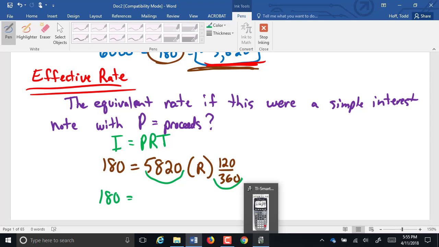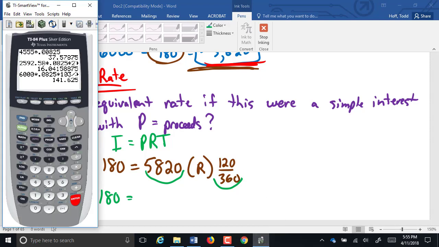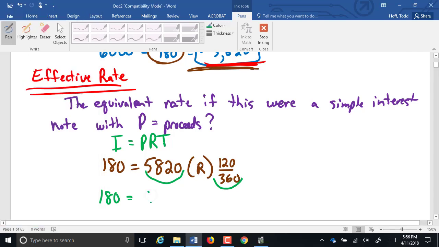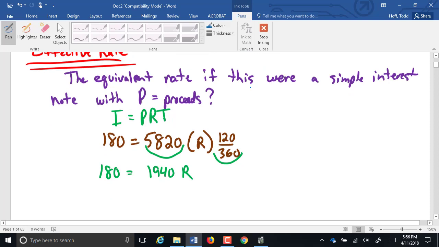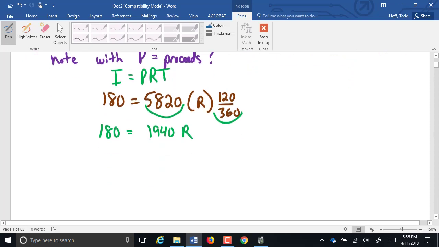If we multiply that out, 5820 times 120 over 360, we're actually going to get an even number, which is nice. 1,940. So that's 1,940 R. What would our next step be? Yeah, we got to get R by itself, so we're going to divide by 1940.